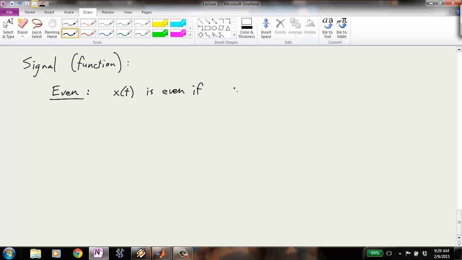So that means that x of t equals x of negative t for all t. That's a nice symmetry. An example would be something like, here's 0, let's say here's the y-axis. It would look something like, let's say there. See how good at drawing I am? Not quite, but that would be an even function.